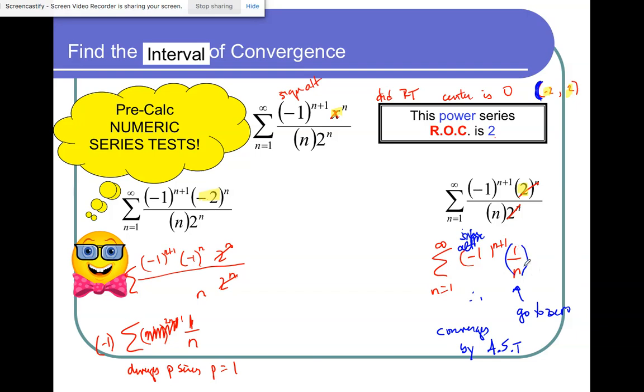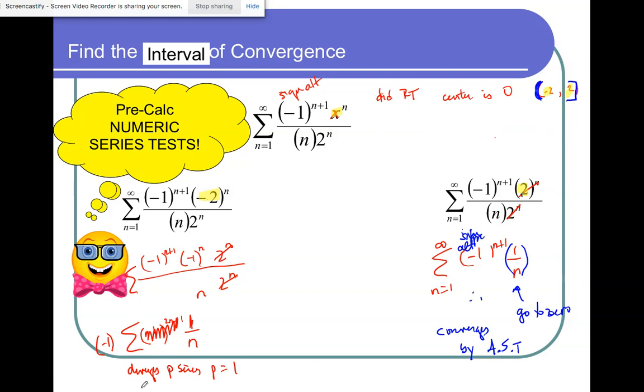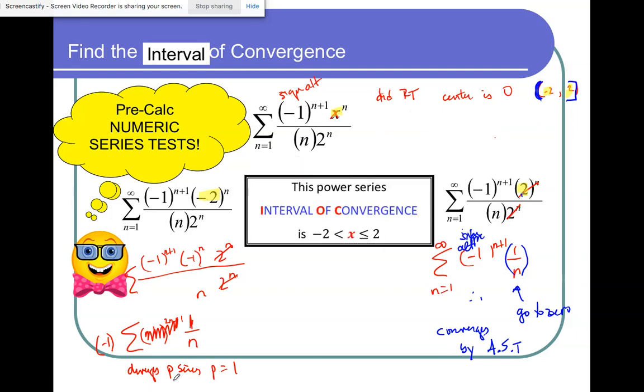But what about 2? I put 2 into the power series, made it numeric, shook it all about, and found out that I got convergence. So I get to close that bracket, right? So 2 gets to stay in the convergence bag. This power series interval of convergence, right?